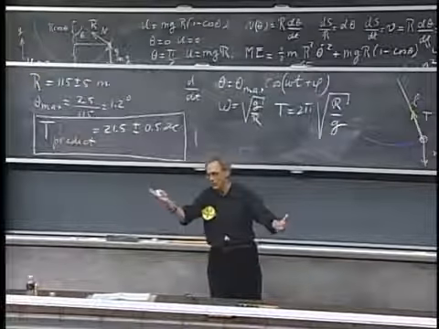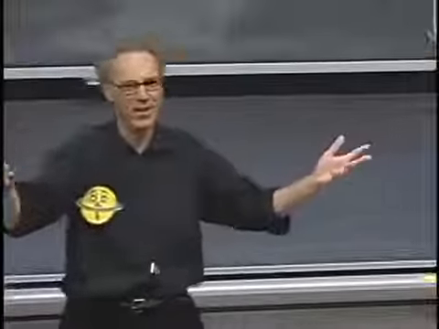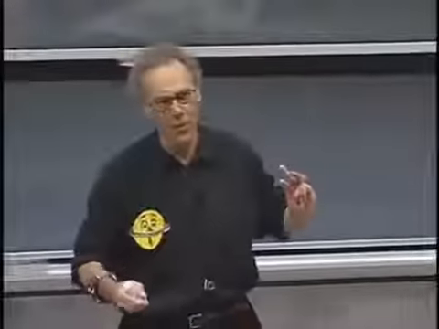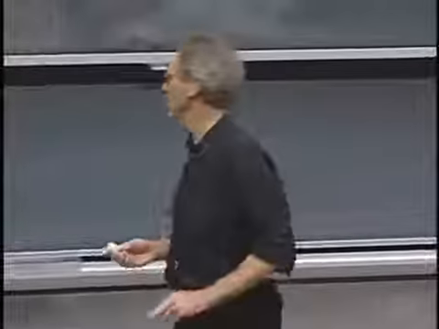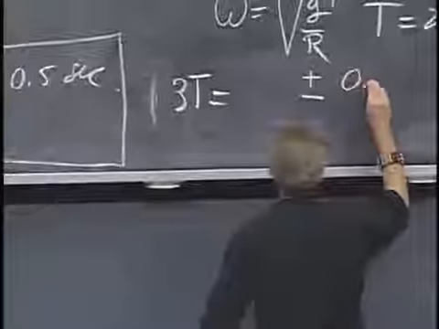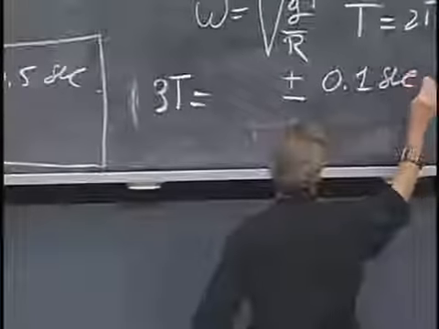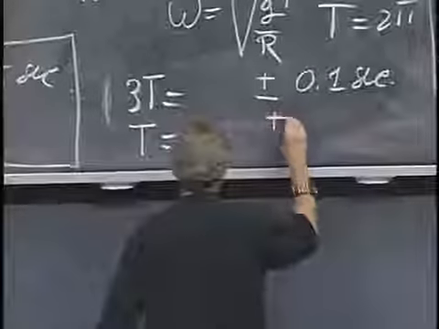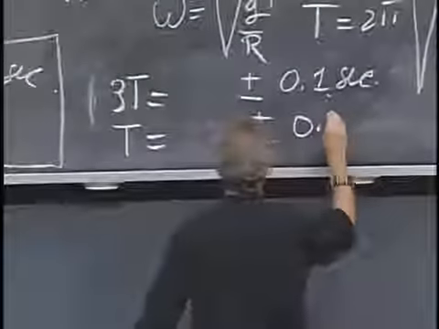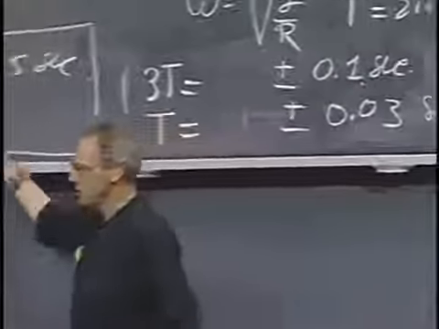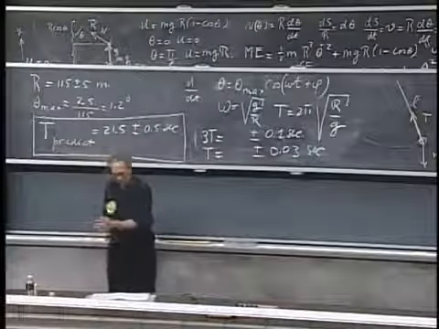It's so much fun to see that object go back and forth in 21 seconds that, for your pleasure and for my own pleasure, I will go 3 oscillations. Not that it is necessary, but I will do it. 3T is going to be something plus or minus, and this is my reaction time, which is 0.1 second, and then we can all divide that by 3, and then of course the error will go down by a factor of 3, and we will see whether this number agrees with this one.